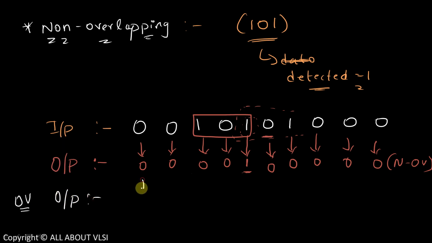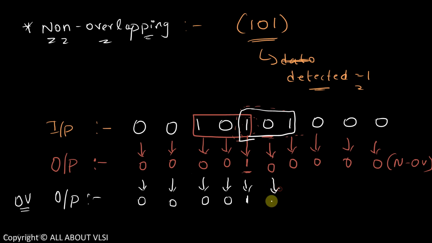Now let us see the output for overlapping. In the case of overlapping also, here you will get output as 0 only, and since the sequence 101 has been detected, you will get the output as 1. Now in the case of overlapping, you can consider the previous bit and form a sequence like this. That's why in the case of overlapping, you will get your output as 1 here.